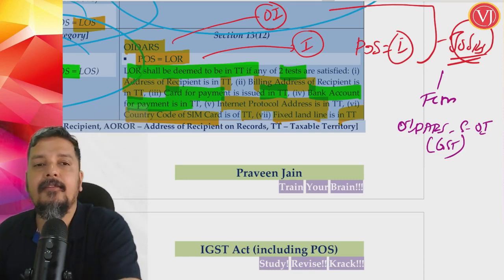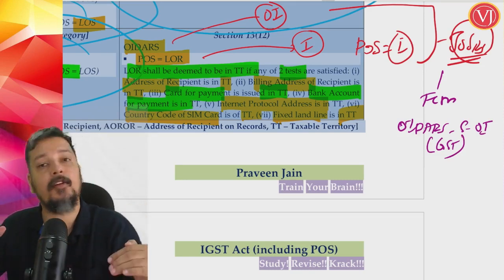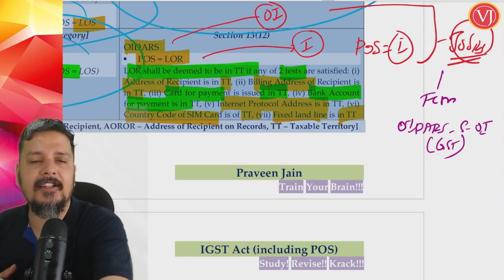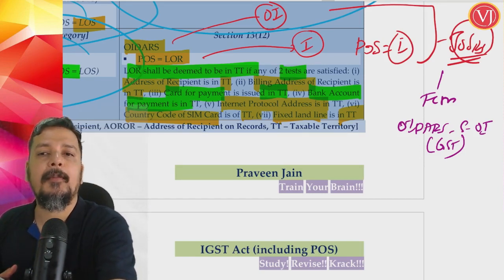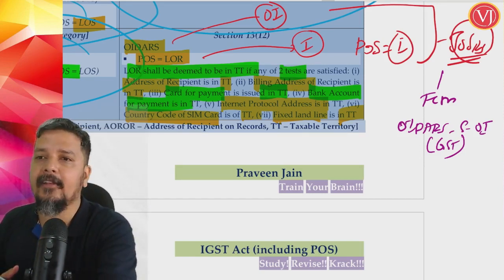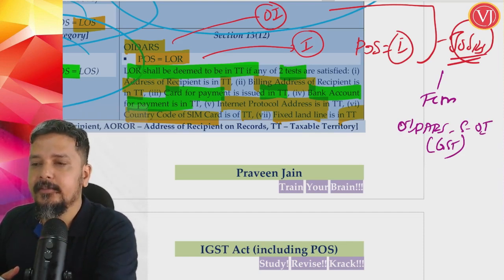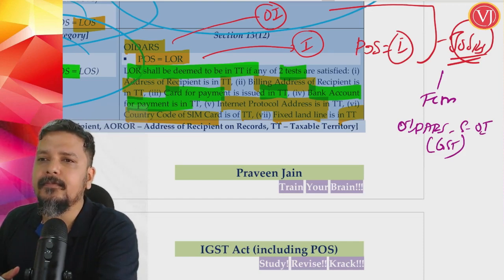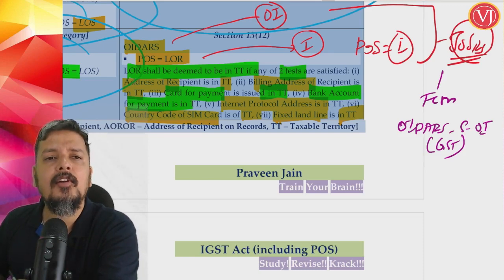They want to make sure that there is no differentiation between OIDRs in India, because he is going to pay GST. All the apps that you have are nothing but online information and database access and retrieval services. What is meant by OIDRs services? Two important criteria: it is an automated service through information technology with minimum or no human intervention.